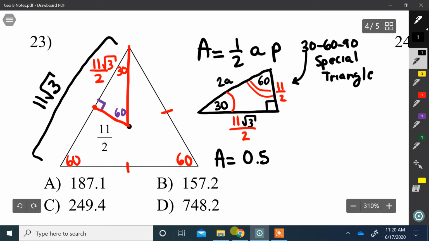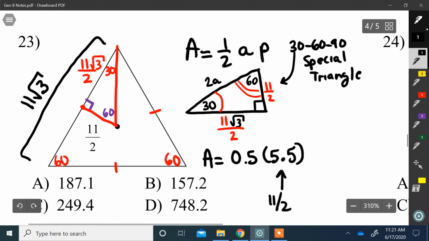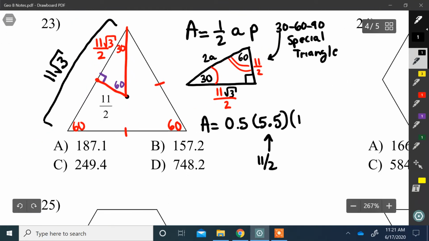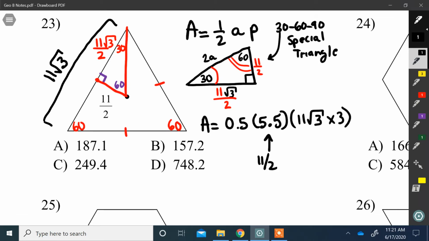So it's 0.5 times the apothem, which is 11 over 2. I'm going to write that as a decimal, 5.5. And then the perimeter is 11 square root of 3 times 3, because we have 3 sides.